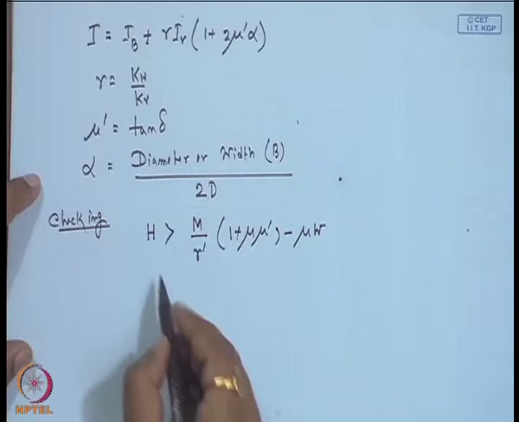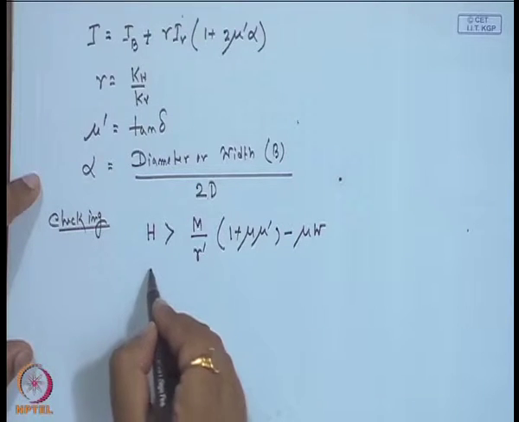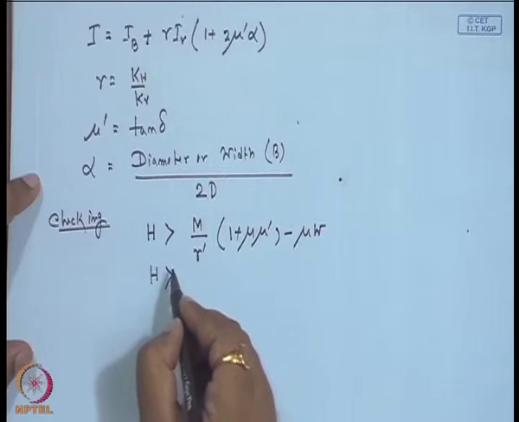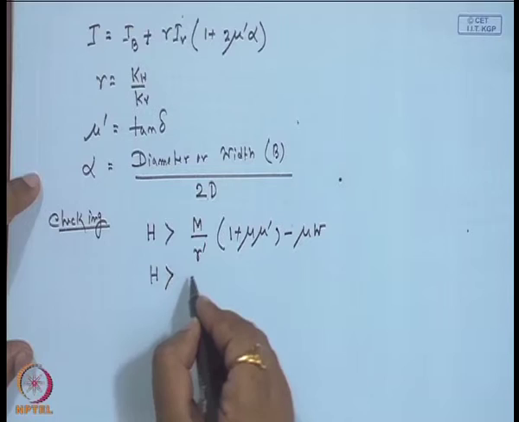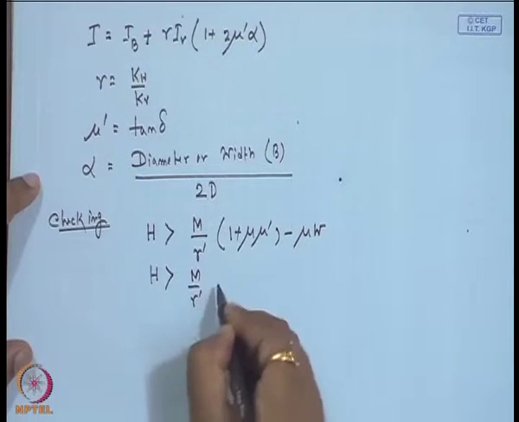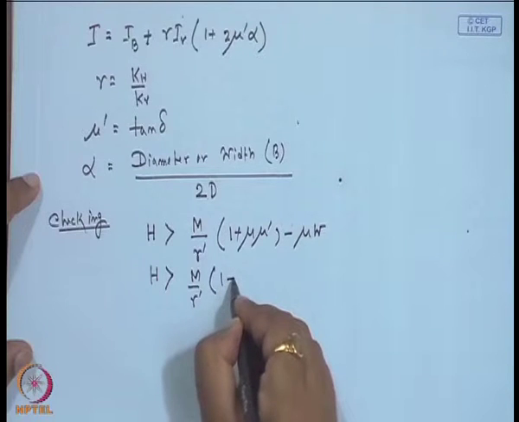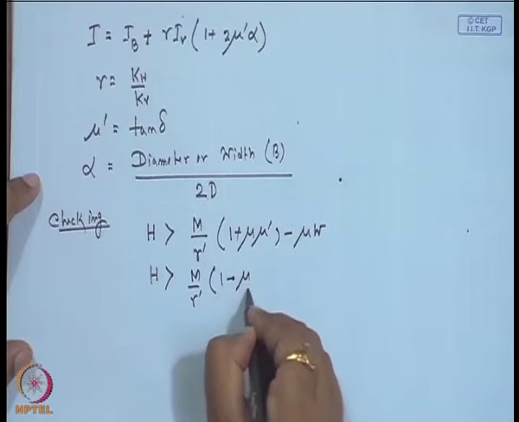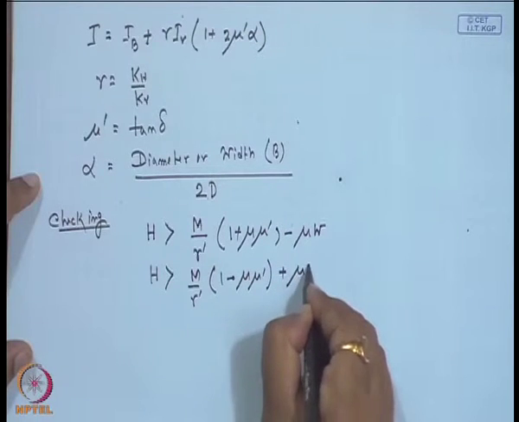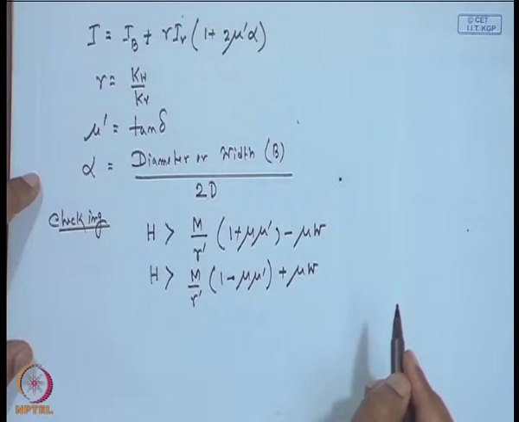And another one, that H should be less than M by R dash into (1 minus mu dash plus mu w).